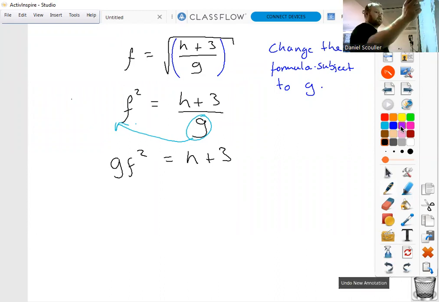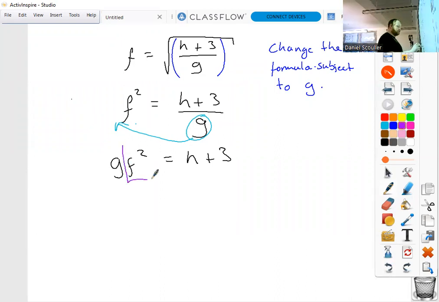What I need to do to isolate g is move this whole term across. Now it's a multiply on the left hand side, so it becomes a divide on the right hand side, and it goes underneath that whole h plus 3.